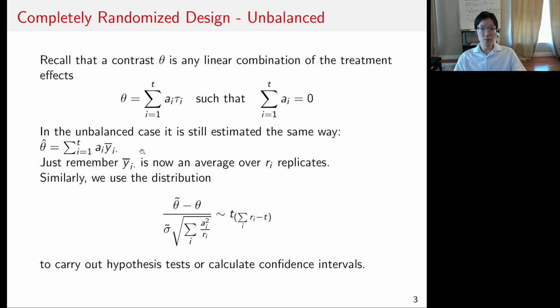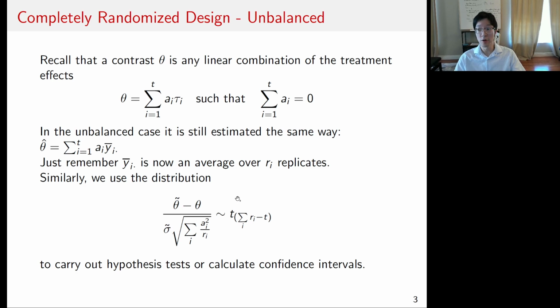So once we set up the contrast, we can use the corresponding t distribution for doing the formal hypothesis test and to calculate confidence intervals. Okay, so you look at this expression. On the top is the estimator for the contrast minus the true value under the null hypothesis.